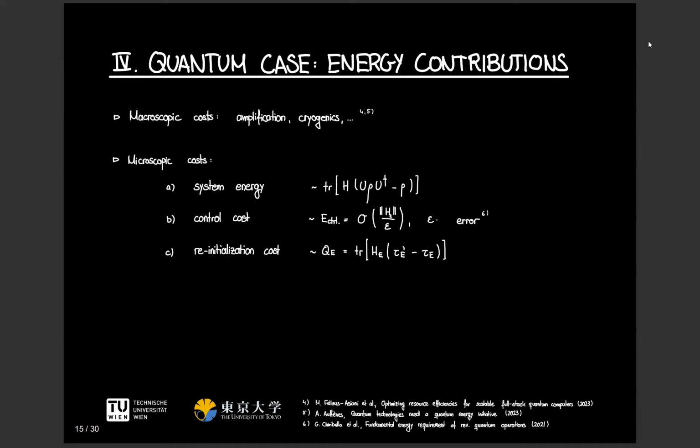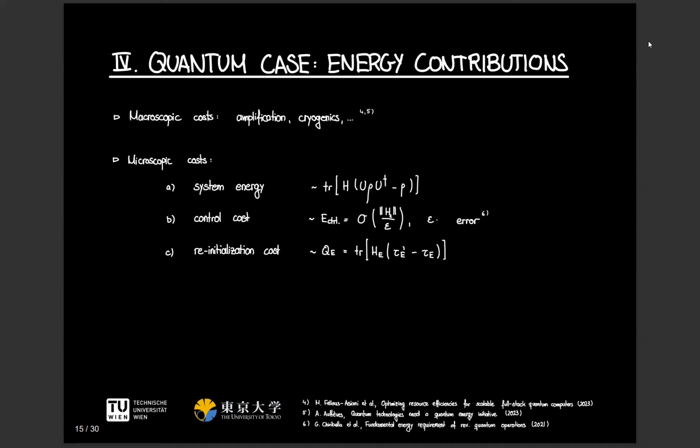But there are also microscopic costs, and these are the ones that we will focus on for these considerations. So whenever you do some gate operation U on your target system, the energy of that bit or set of qubits will change, and this is given by this expression. But as we've also figured out this week, unitary operations are not really for free.